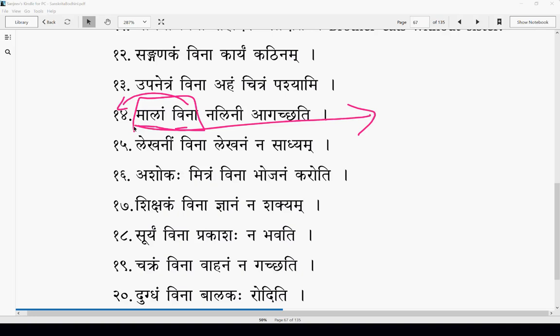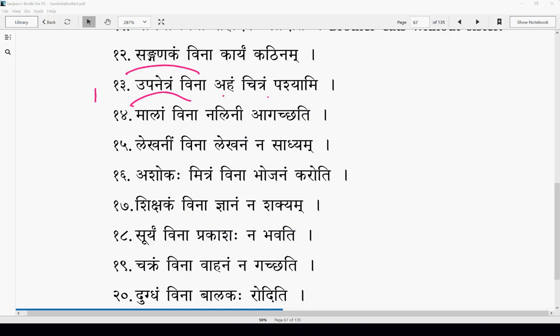Malam vina, upanetram vina. But you can make it vina malam, or vina upanetram. Vina you can put first, upanetram you can put next. That is possible. But you can't separate these. You can't put vina first: vina aham chitram upanetram pashyami. We can't do that. Then the meaning is disturbed.